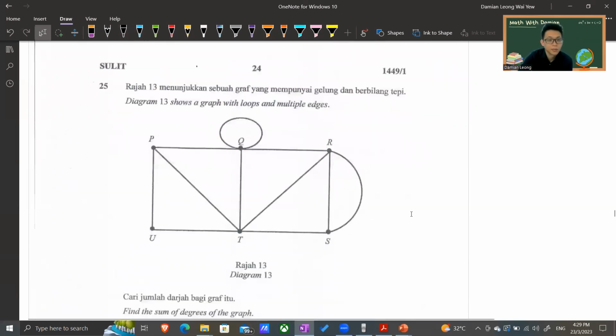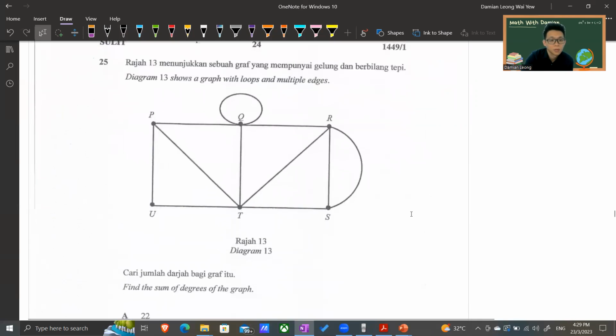Then question 25. The diagram shows a graph with loops and multiple edges. Find the sum of degrees of the graph. For the sum of degrees, you can count the degree for each vertex, which is how many edges are connected to it. So I can take 1, 2, 3, 4, 5, 6, 7, 8, 9, 10, 11, 12, 13, 14, 15, 16, 17, 18, 19, 20, 21, 22.